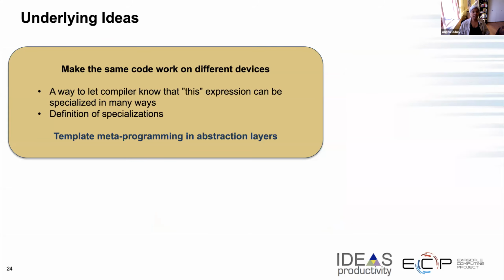So the underlying idea is that what we ideally want to do is make the same code work on different devices, which means that we want to be able to express code in a way that lets the compiler know that this expression can be specialized in many ways.